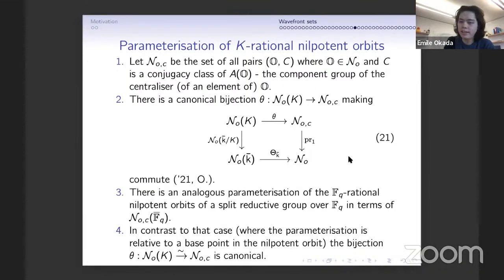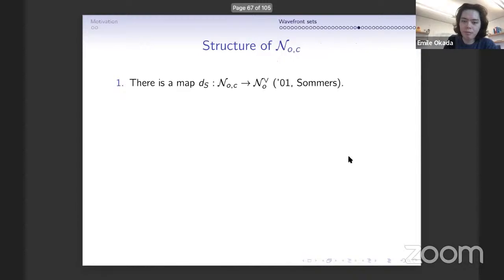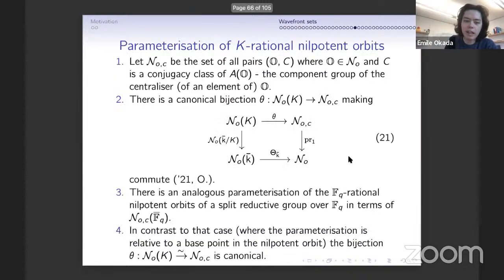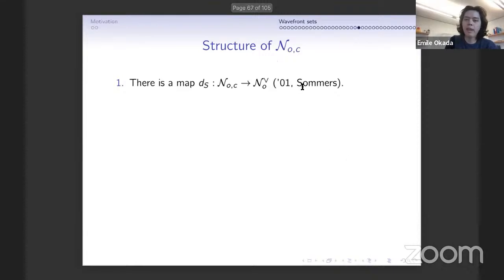So that addresses the first issue that I mentioned, which was understanding a parameterization of the unramified orbits. But it doesn't address this other issue that I mentioned, which was understanding the partial order. And as far as I'm aware, that's fairly wide open still. But this parameterization actually provides a very nice resolution to that issue.